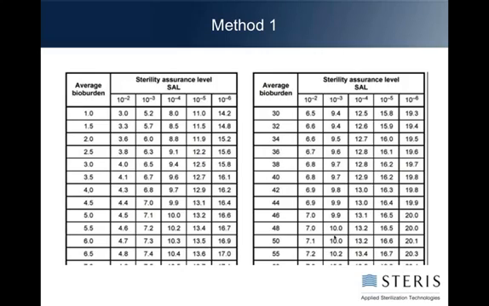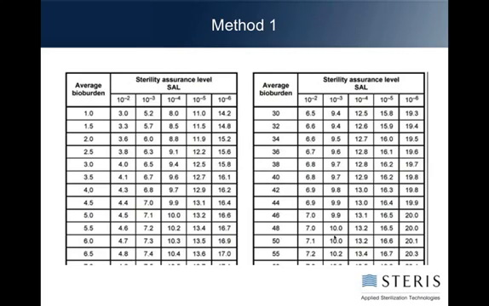A piece of what one of those tables look like for Method 1, that Table 5, you would have on one side your average bioburden that you measured through that extraction process, and the first column to the right is a column that's labeled 10 to the minus 2. For Method 1, that is your verification dose. The nice thing about Method 1 tables is they also give you the sterility assurance level for 10 to the minus 3, 4, 5, and 6.